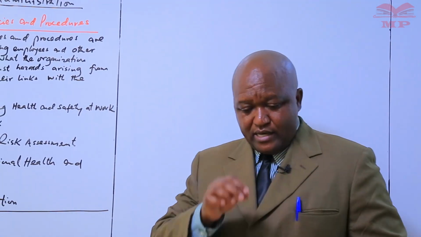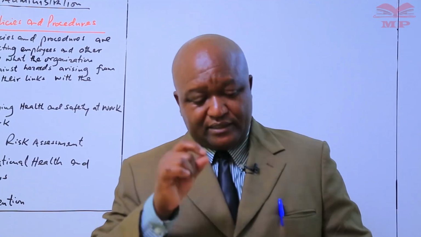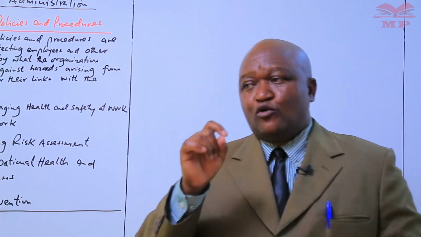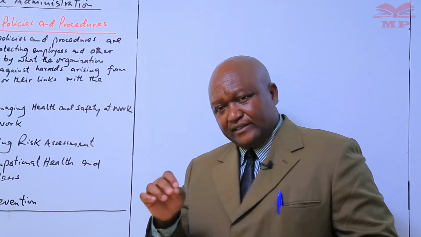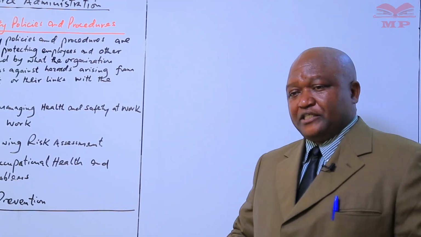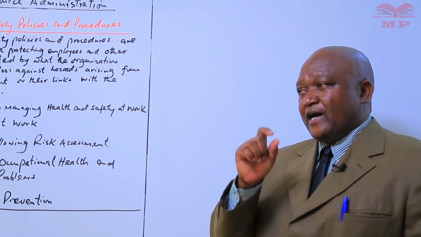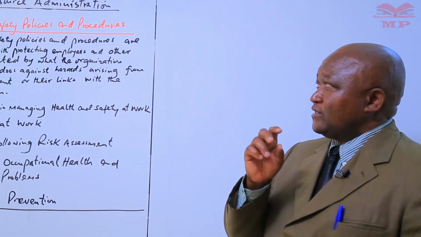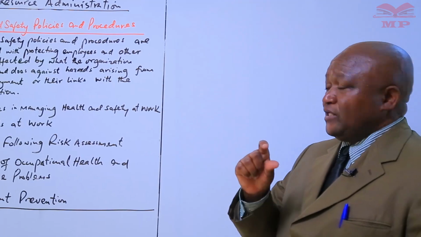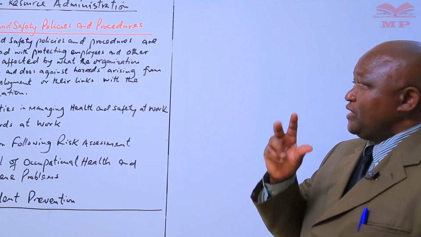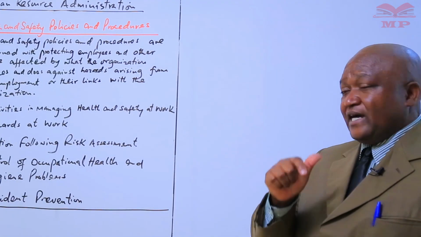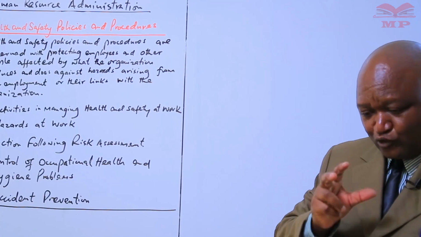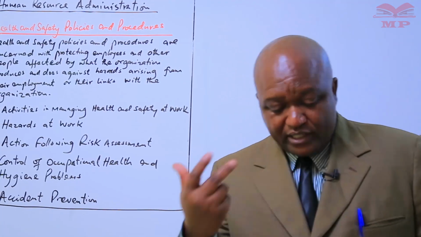And dear learner, what needs to be emphasized is that the health of a worker and the health of those associated with an organization is very critical. That's why a lot of emphasis must be put on the administrative aspects that help in preserving the safety and health of workers and those associated with what the organization does.